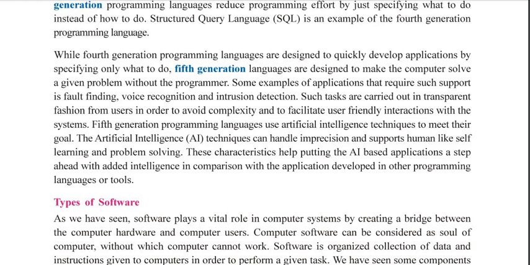Now this is called what? Artificial intelligence technique can handle imprecision and support human-like self-learning and problem solving. These characteristics help put AI-based applications a step ahead, with added intelligence, in comparison with application development in other programming tools.